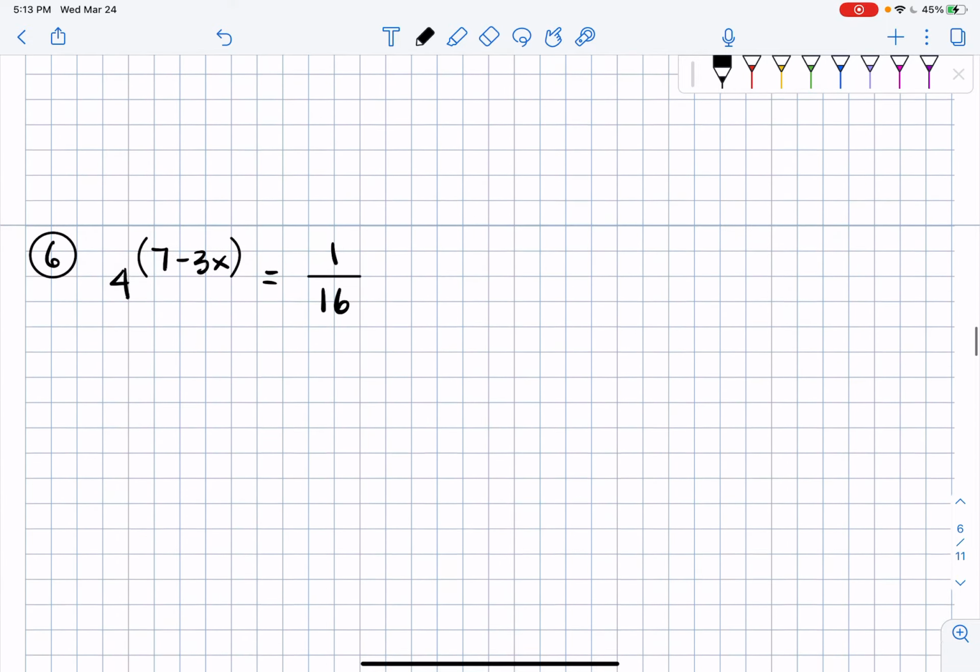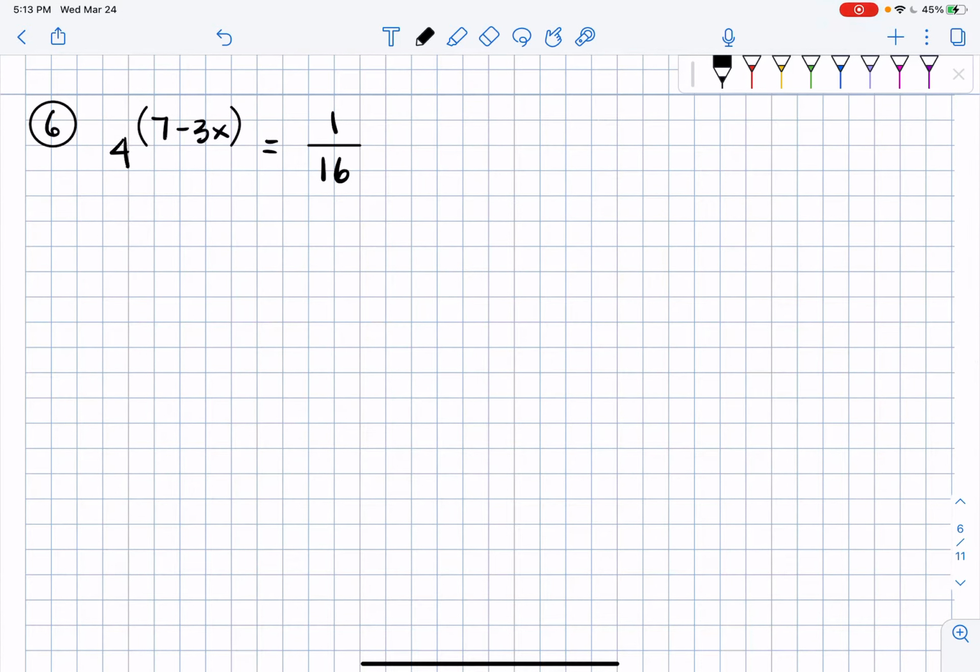And on to number 6. Uh-oh. So the question is, can I get the same base on both sides? The left has a base of 4. So I have 4 raised to the 7 minus 3x is equal to, now, can I write 1/16 as a base of 4?